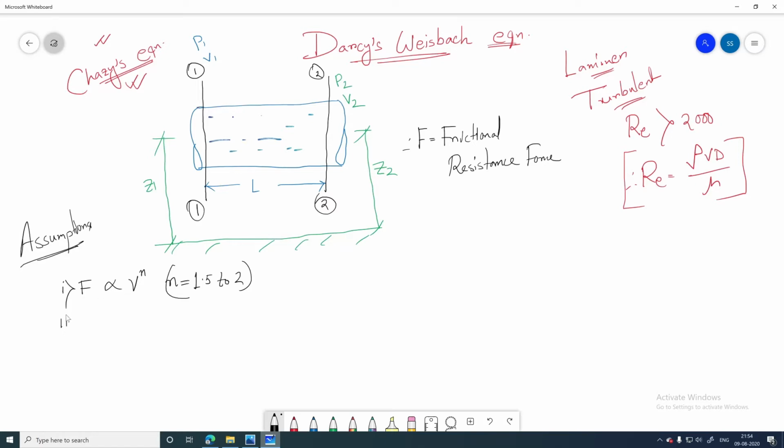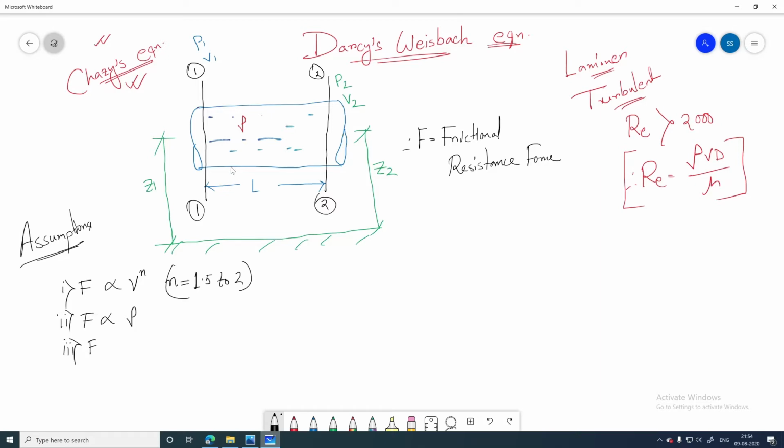Now the second assumption in the Darcy-Weisbach equation is that F, the frictional resistance force, is proportional to the density of the fluid. Density means rho. So if the rho value changes, the frictional resistance force will also change. Now the third assumption is that this F value, the frictional resistance force, is proportional to the area of surface in contact.